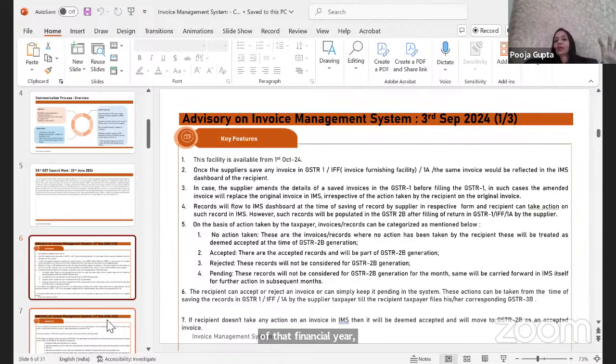Pending invoices will remain in the IMS dashboard only to that extent. So we have to clear our IMS dashboard on a time-to-time basis as and when we are eligible to take the input tax credit.